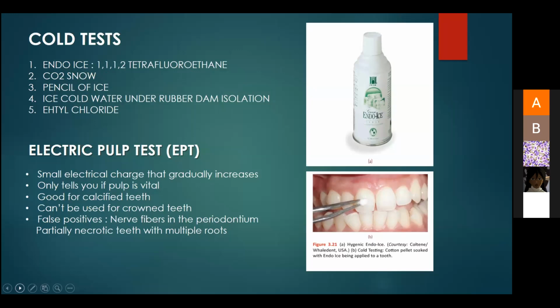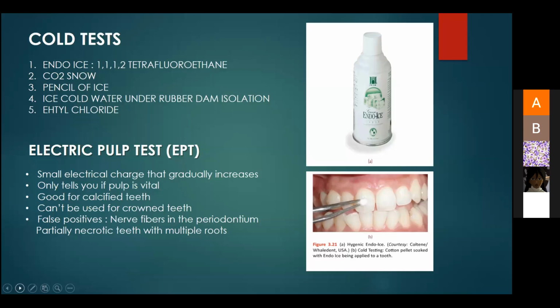It has a temperature of around -50 degrees Celsius, I guess, and it can be applied on a cotton ball, and then you can apply it on the tooth. Then pencil of ice can be used in government scenarios in which you can store distilled water inside syringes and keep it for freezing, and use those pencil sticks to check the response.